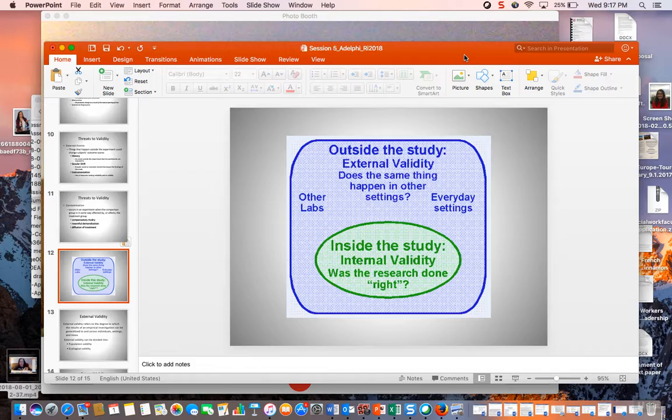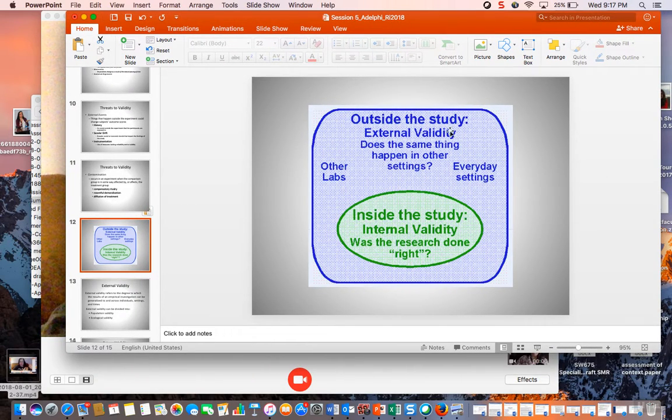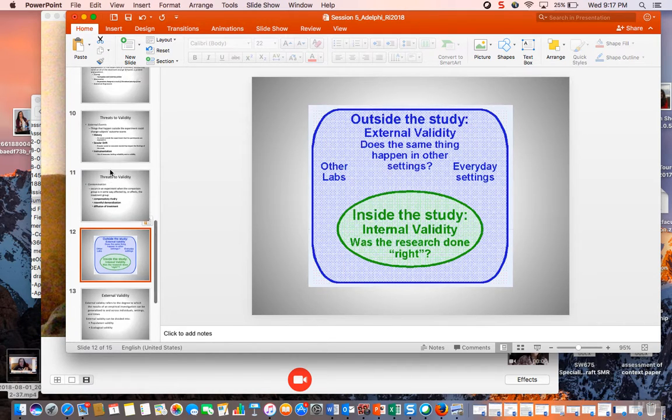That's just one part of the research. This is talking about the whole research. So internal validity of the whole research study is talking about, was the research done right? And then external validity exists somewhat outside the study. It's how much can I say about the results of the study? Does the same thing happen in other settings, in other labs, in other everyday settings?